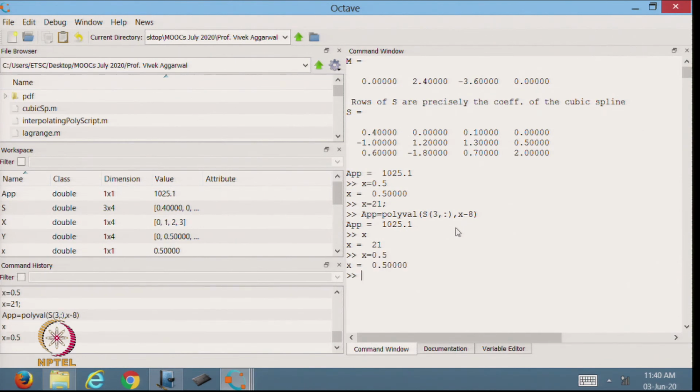So, this is the value of x. Now, I write this one approximate value. So, I write approximate is equal to polyval. Now, I have to choose in this case S1. So, S1 I am going to choose because 0.5 belongs to this.